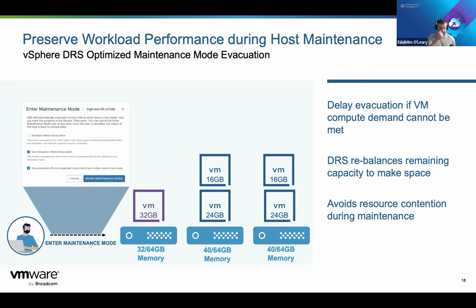So what it does is if you've got a virtual machine that has a reservation, for example, it has a certain requirement for memory and compute, and we want to evacuate the host that it's running on, but we don't want that VM or multiple VMs on this host to undergo any resource contention, right? If we have a bunch of VMs and we put a host into maintenance mode, using the standard vMotion evacuation, DRS will just balance them out.